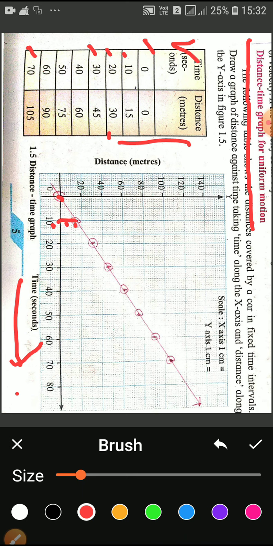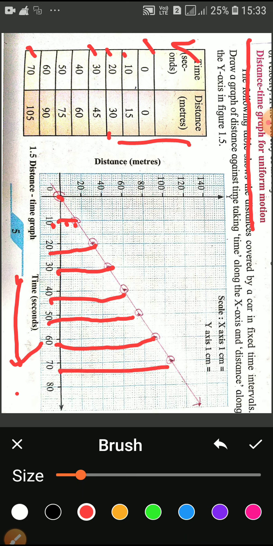Now again, at 20 seconds, the object covers 30 meters. At 30 seconds, it covers 45 meters. At 40 seconds, 60 meters. At 50 seconds, it covers 75 meters. At 60 seconds, it covers 90 meters. And after 70 seconds, it covers a distance of 105 meters, like this.